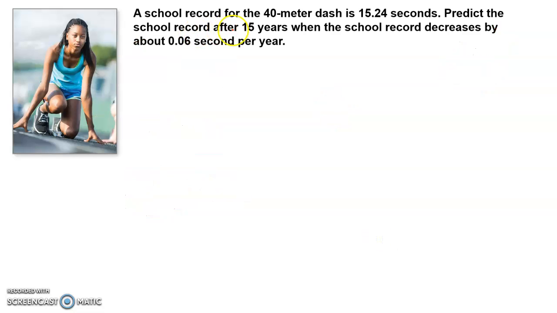It says a school record for the 40-meter dash is 15.24 seconds. Predict the school record after 15 years when the school record decreased by 0.06 seconds per year. So what I would do is take the 15 times the 0.06 and take 15.24 and subtract it from that.